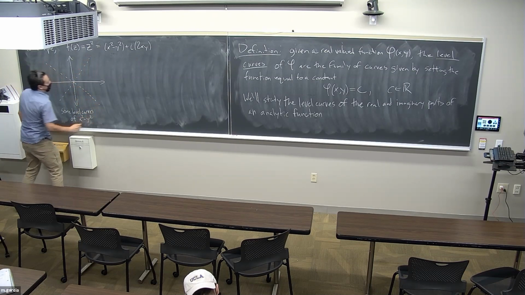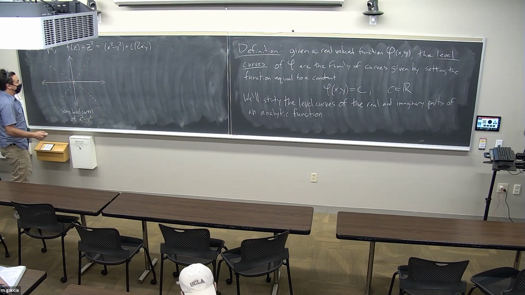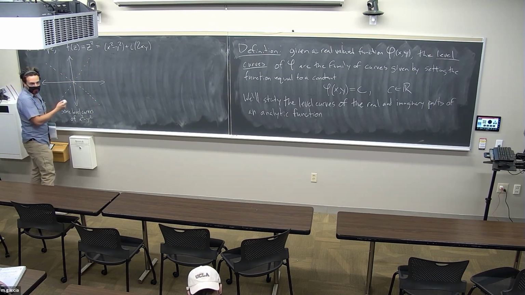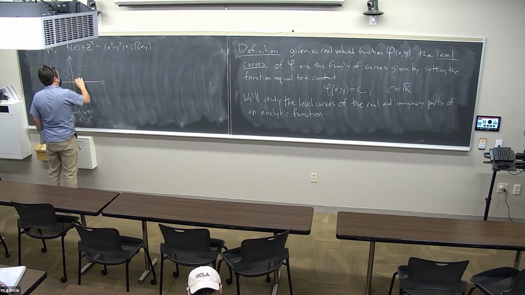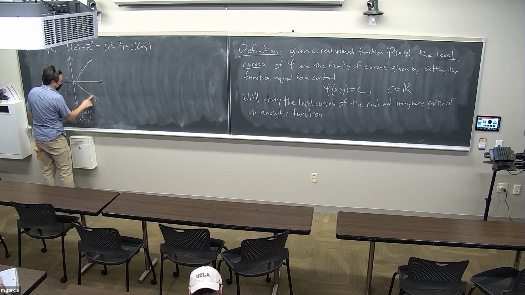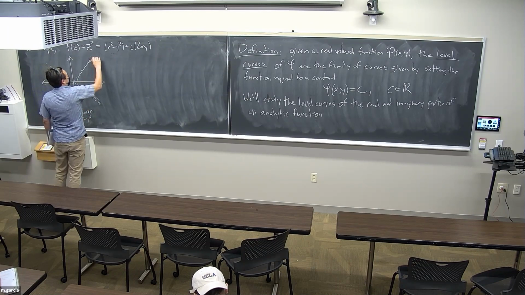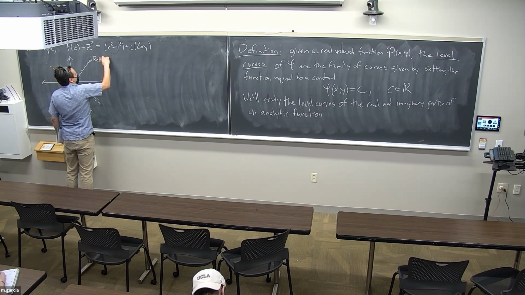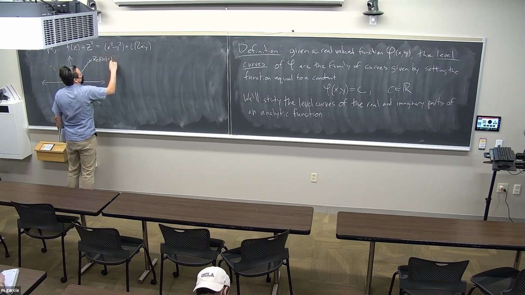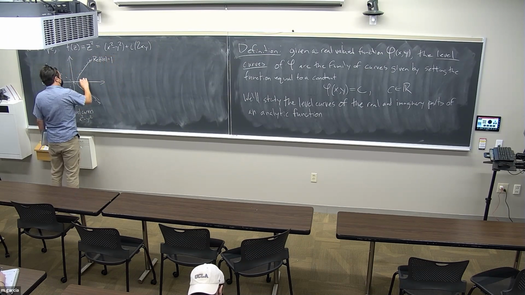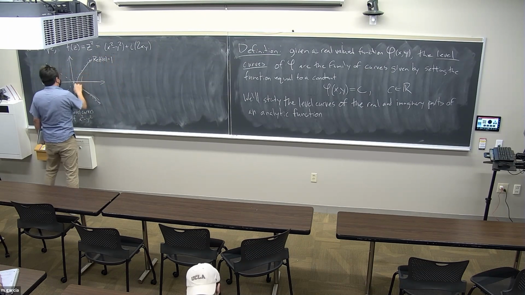Can't draw a hyperbola without an asymptote or a pair of asymptotes. Here's the level set: the real part of f of z is equal to 1. Oh, sorry, I didn't draw the other half of it.